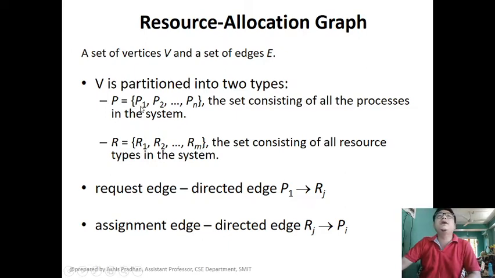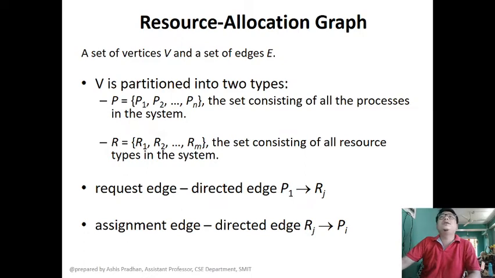As I've told you already, P1 means the first process, P2 means another process, and so on. And R1 means one category of resource, R2 means another category of resource. It's not that R1 is a printer and R2 is a printer. If in a computer system there are two printers, that is represented with the help of instances. So Ri means a particular category of resource, with instances.